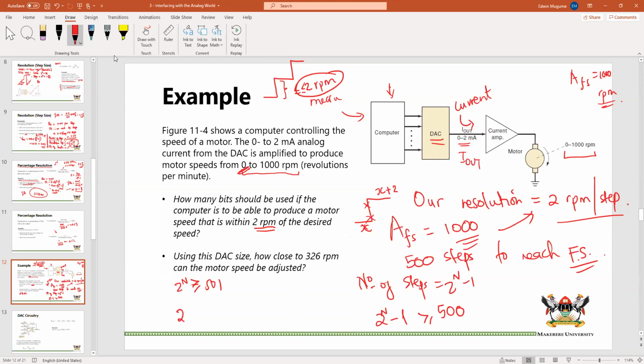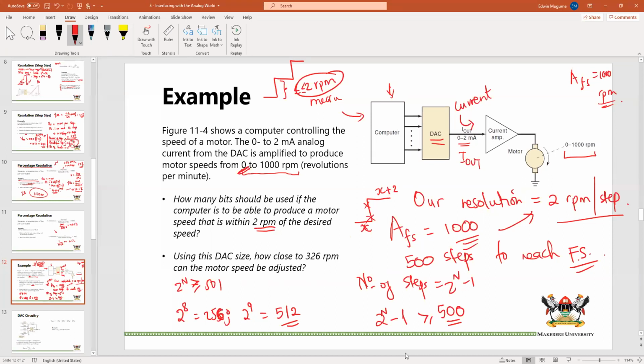We know that 2 to the power 8 is 256 actually. 2 to the power 9 is 512. So 512 is the first number that is greater than 500 that is a power of 2.